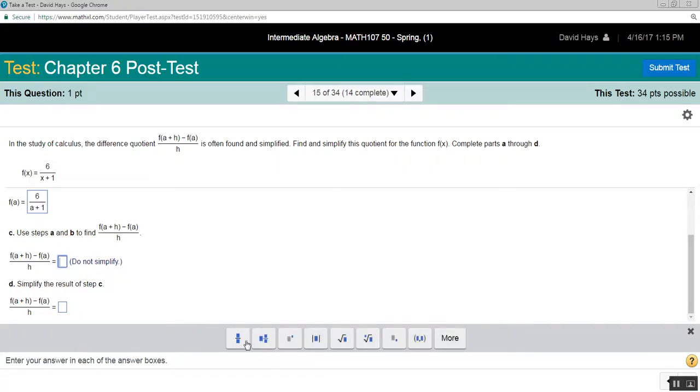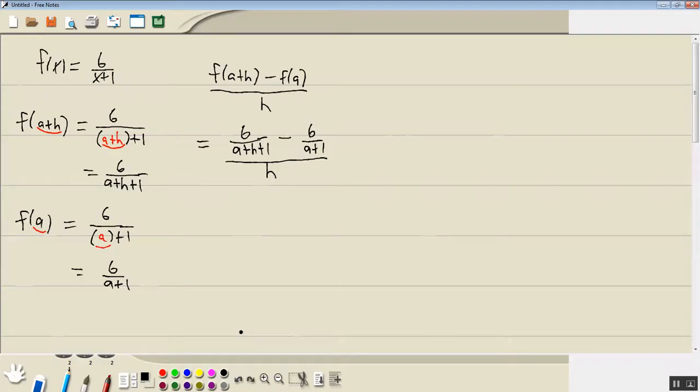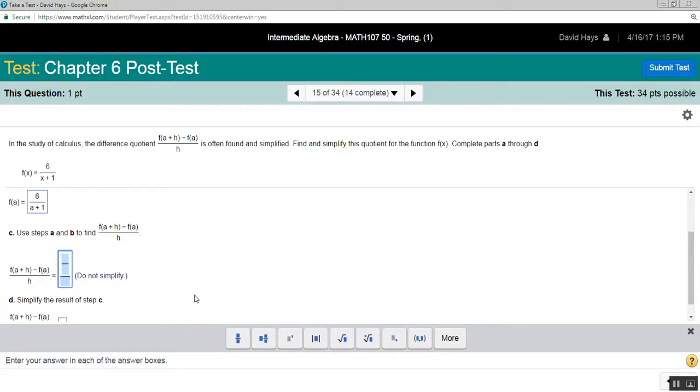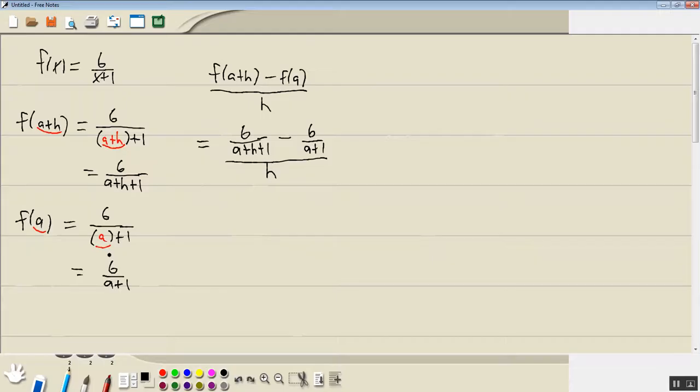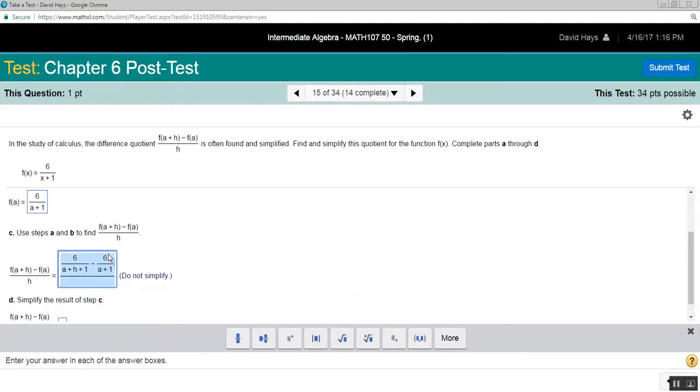Okay, so I'm going to click here, do my fraction, and then within that I have another fraction, so I click my fraction again. 6 over a plus h plus 1, minus another fraction, 6 over a plus 1, over h.